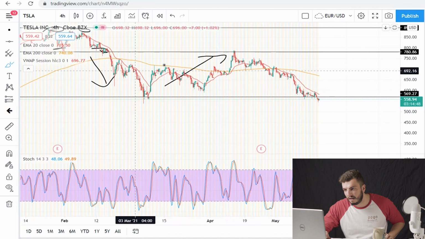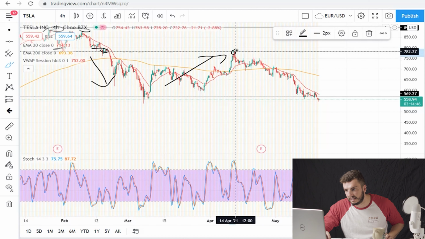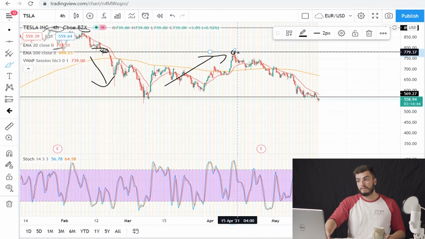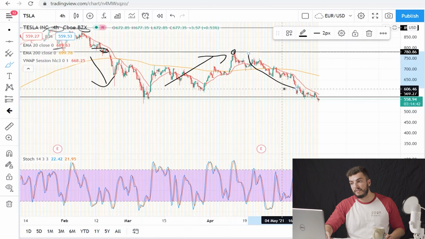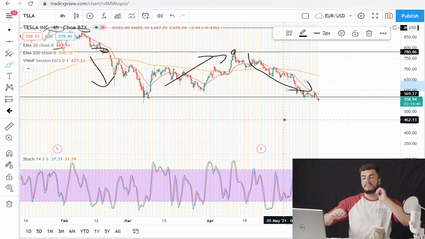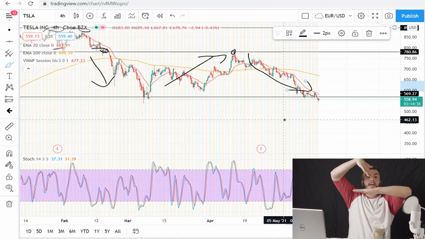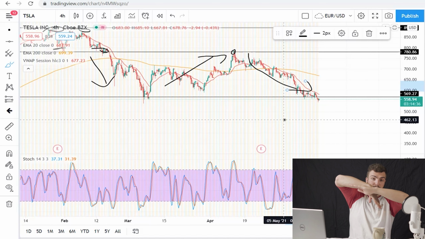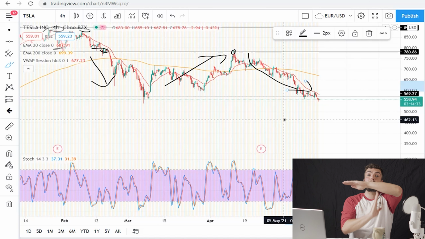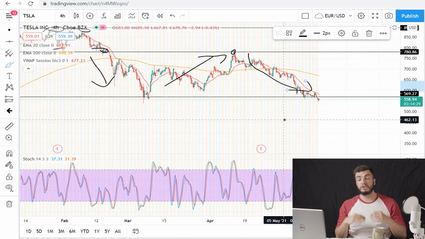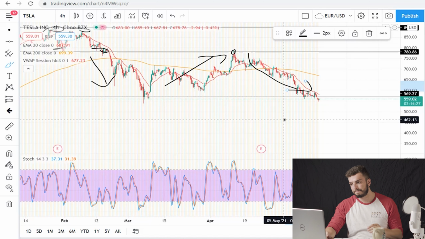Like up here, if I was trading Tesla and I really like Tesla, if I saw this, I would sell ferociously down to the previous support, because there was a level that Tesla could not break, a support. All of a sudden it broke through it, came up, and now it can't break it from the bottom. So all of a sudden that support has become its resistance. So those are really good buy and sell signals, okay?